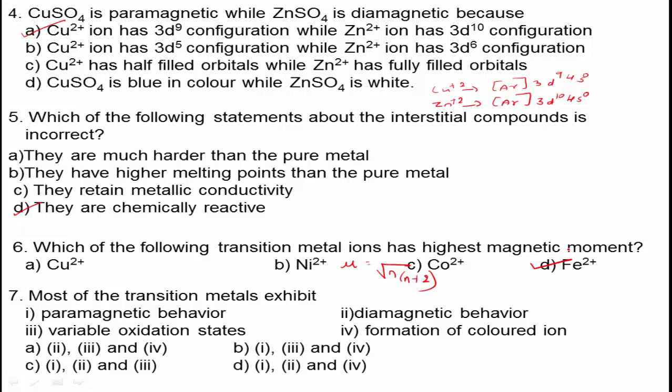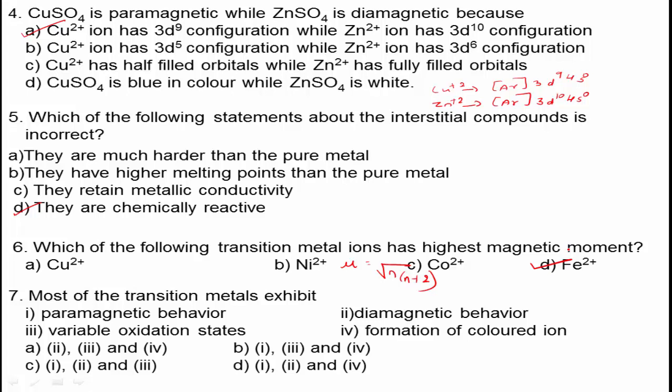Yes, students, most of the transition metals exhibit paramagnetic behavior because of the presence of unpaired electrons in their orbitals. Next, they show variable oxidation states because of vacant d orbitals.